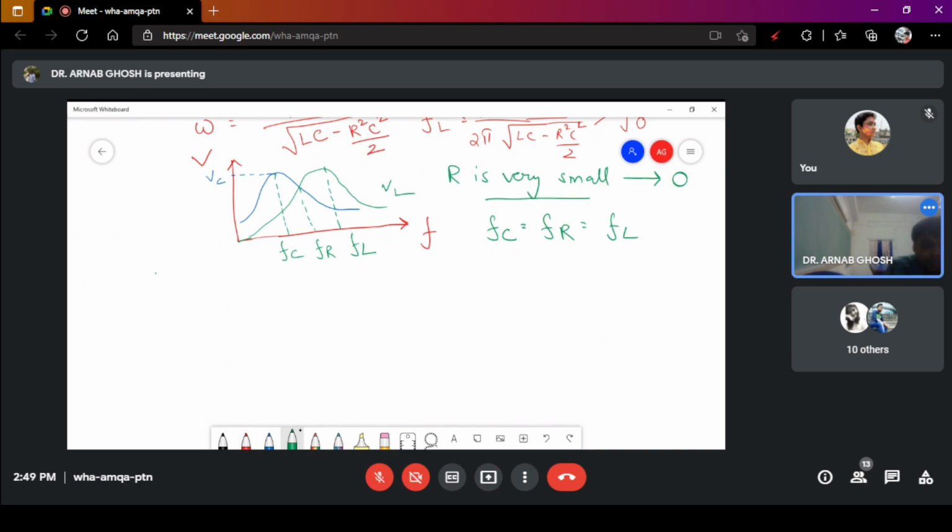So next is the I versus F curve. Okay, so Fc is equal to Fr is equal to Fl for R very small. Now say you are drawing the I versus F curve. So this is your frequency.